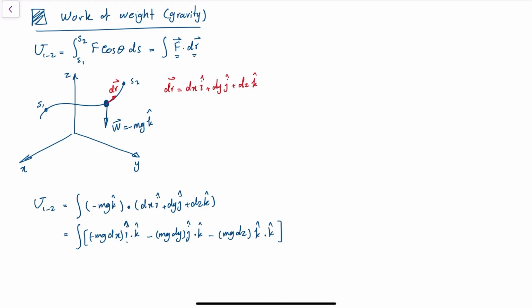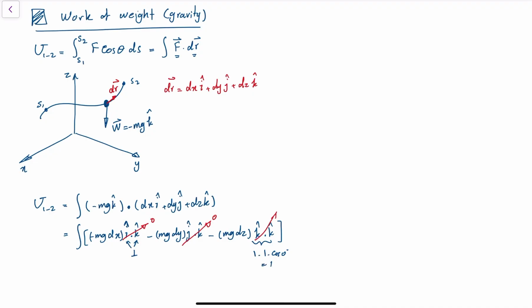Because i and k are perpendicular to each other, the dot product is 0. Similarly, j and k are perpendicular, so the dot product is 0. And the last one, k dot k, is going to be 1, the length of the vector, times 1, times cosine of 0 degrees between them, which equals 1.